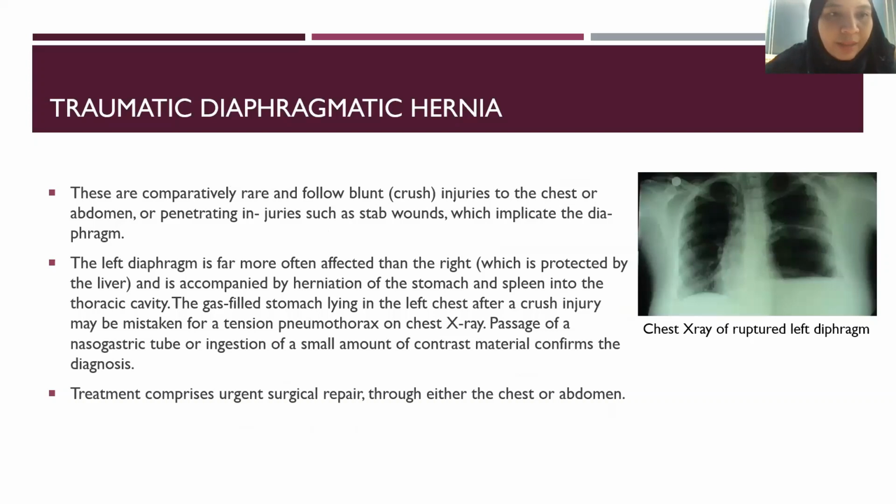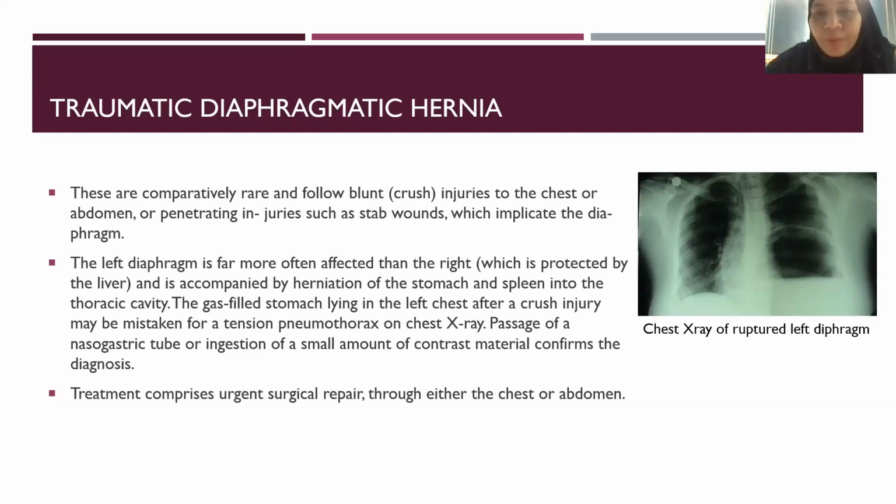The second last is the traumatic diaphragmatic hernia. These are comparatively rare, and usually happen due to blunt injury, which is crush injury to the abdomen or chest. The left diaphragm is far more often affected than the right one, because the right is always protected by the liver, and it is accompanied by herniation of the stomach into the thoracic cavity.